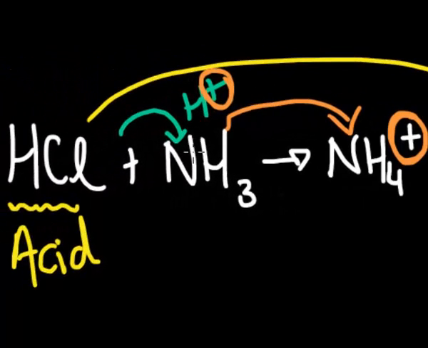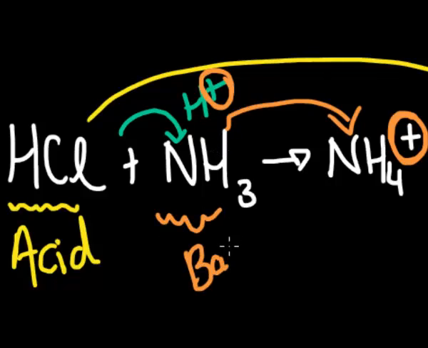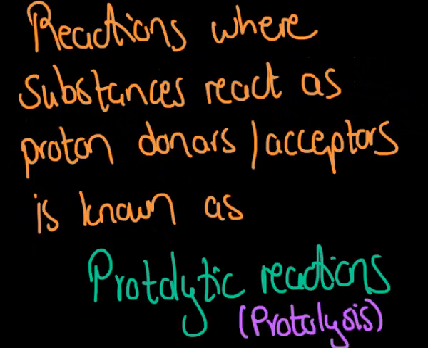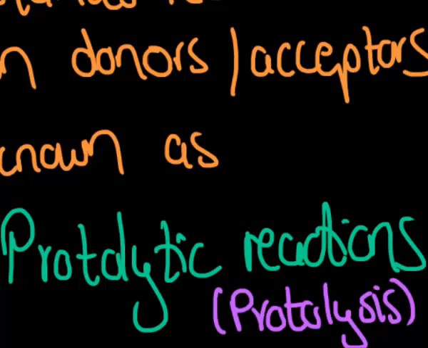So because it accepted this hydrogen ion, the ammonia will be seen as a base. So that's how we're going to define an acid and a base according to Lowry-Bronsted. Now, reactions where substances react as proton donors or acceptors are known as protolytic reactions, or sometimes also referred to as protolysis.